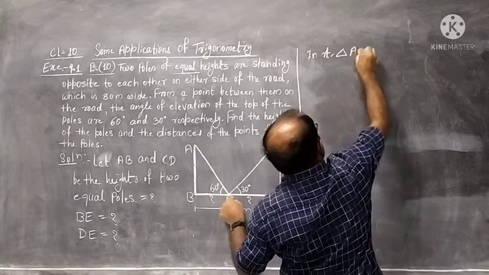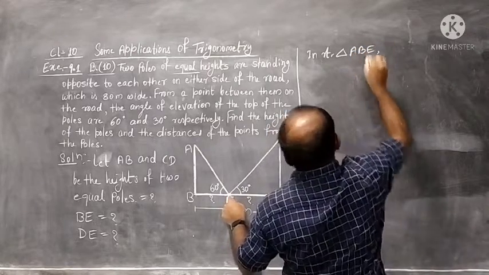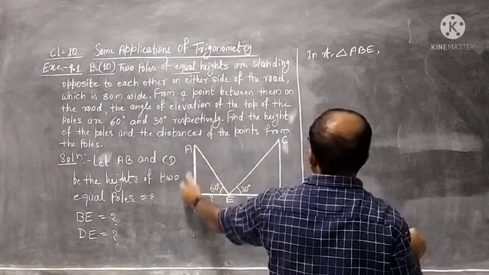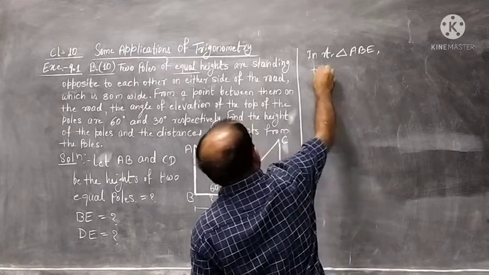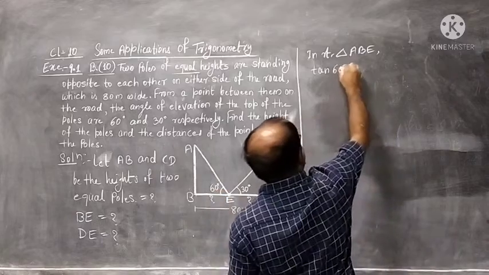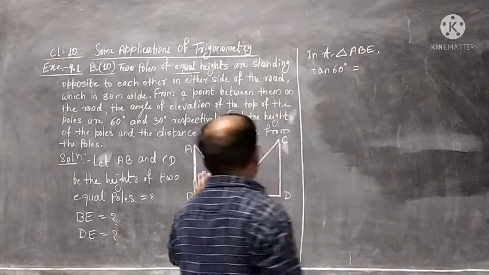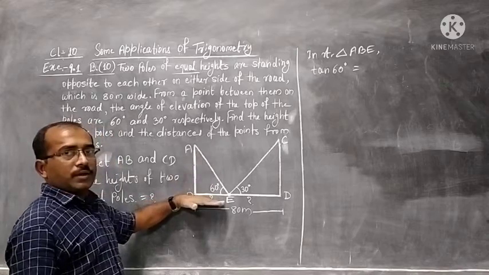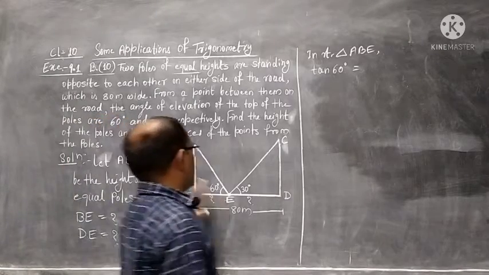So this is a right triangle here. We are talking about the distance of the point on the road and the height of the pole. So surely perpendicular and base, we will use the tan ratio for which angle? 60 degree. So in this triangle, for this acute angle, perpendicular is AB, base is BE. We will use AB by BE.